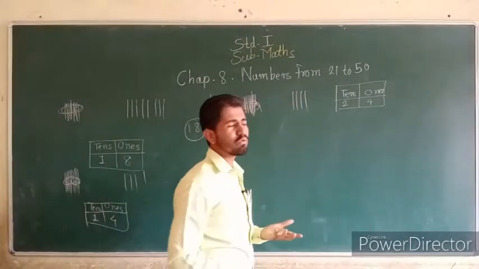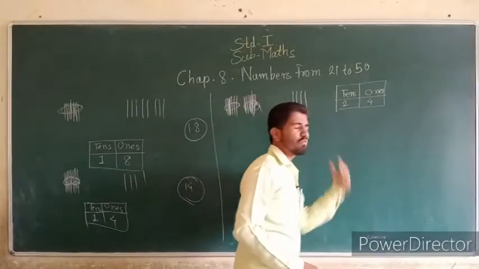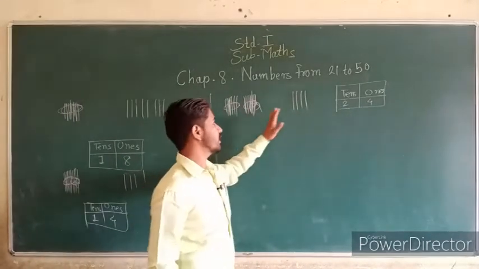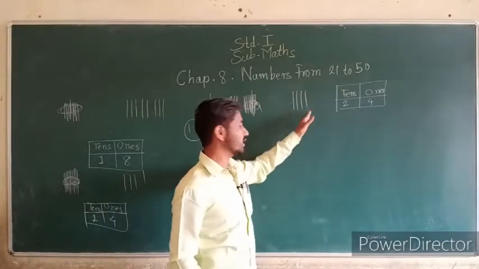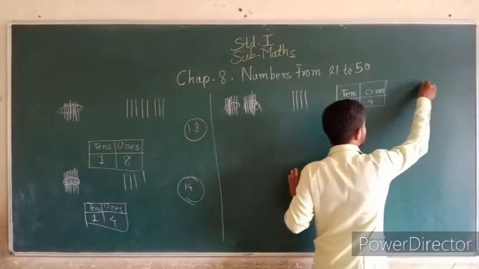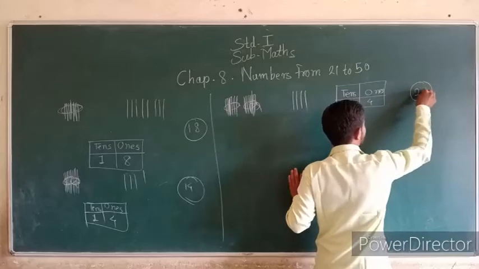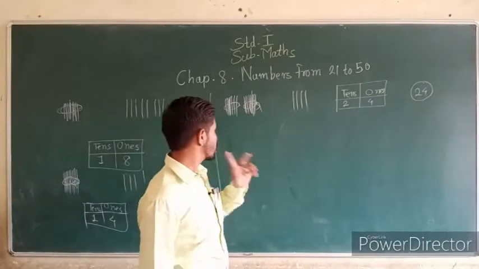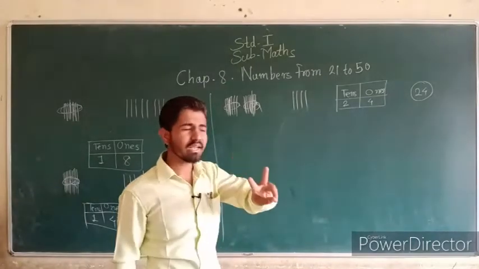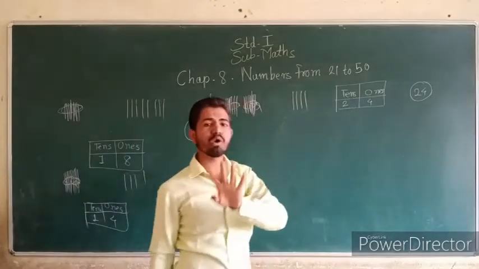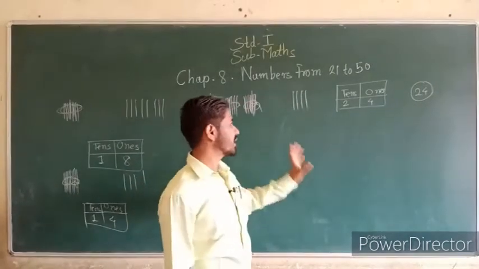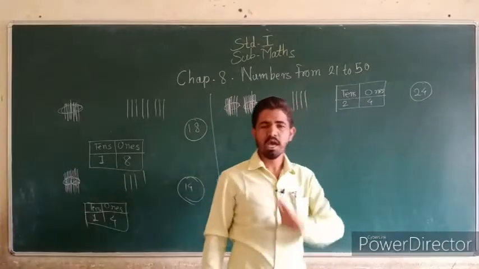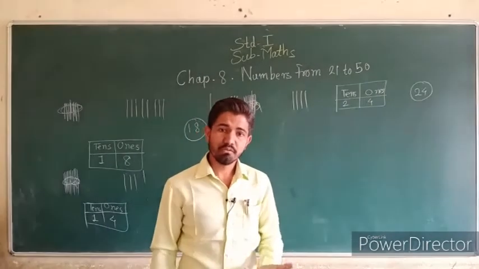So which number do we get? 24. 10 plus 10 is 20, 21, 22, 23, 24. तो बच्चों आपको समझ में आया हमने 24 कैसे लिखा? हमने 10 के 2 बंडल लिए और 4 वन्स मैचस्टिक्स लिए. 2 tens and 4 ones. We get the number 24.